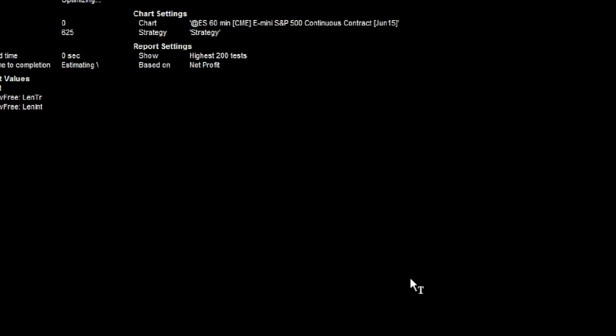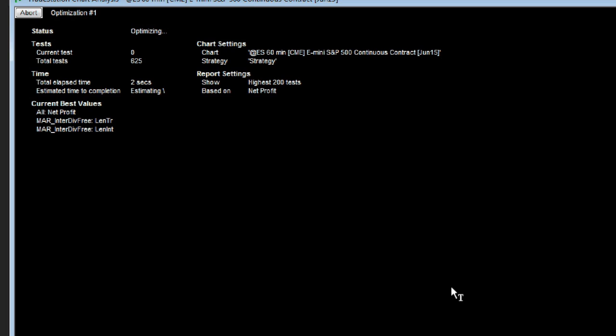And I just let that run, and what I picked was a stable kind of region, not the best one, but a mid-ranged area. And that's as much as I did right there, and I then applied it to the out of sample and then compared it to the in sample. So I hope you find that helpful.